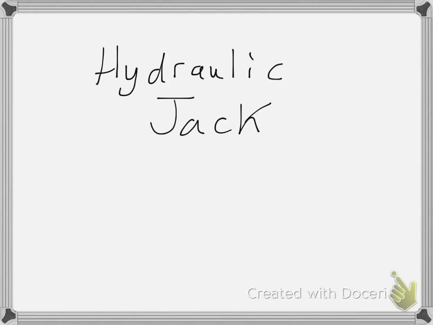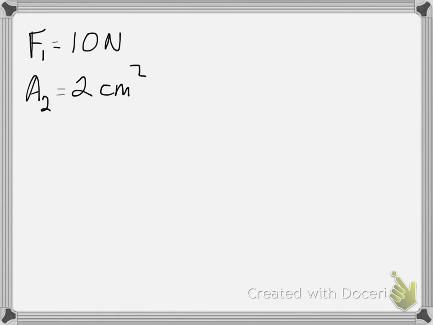Just to give you a sense of how this works, let's do a quick example. Let's say that we have a force of 10 newtons applied to a circular piston with an area of 2 square centimeters, and the output piston has an area, this is A2, of 100 square centimeters.